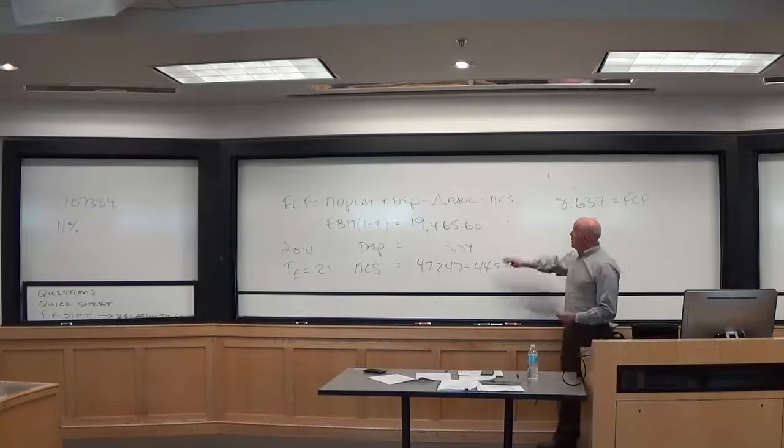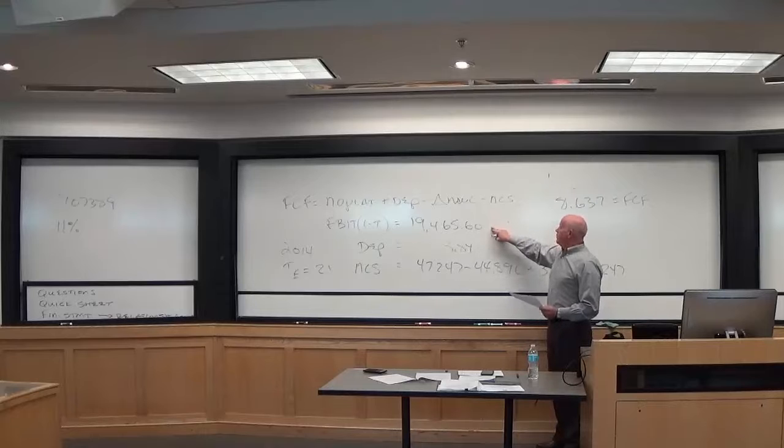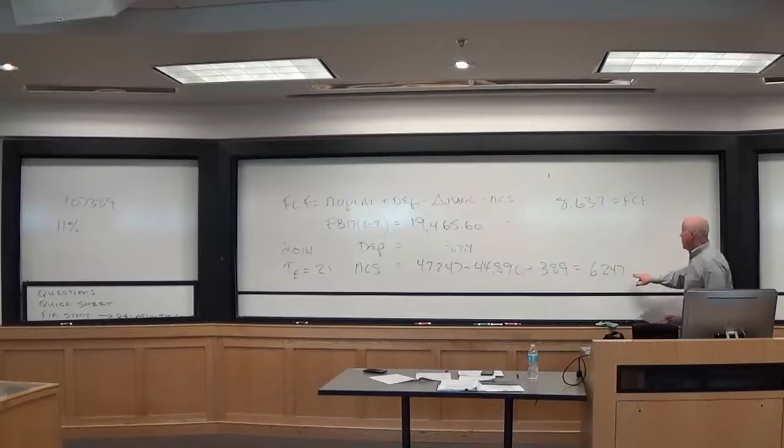So then, 19,465.6 plus 3.89 minus 6.247 minus 8.472. My question, would that 19 be 19,000 or 19 point?